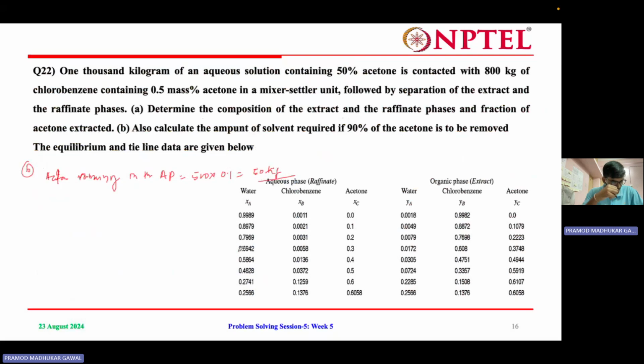So now the concentration of acetone in the raffinate phase, the aqueous phase, is 50 divided by the total quantity of the raffinate, 550, right? So 0.0909.